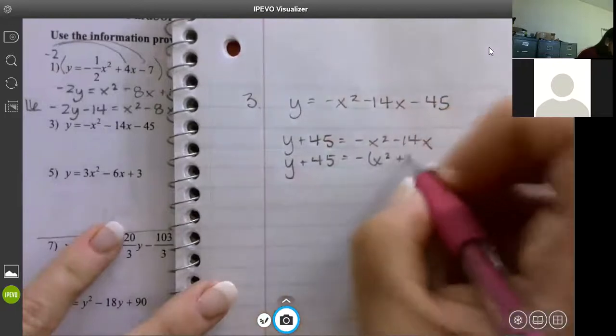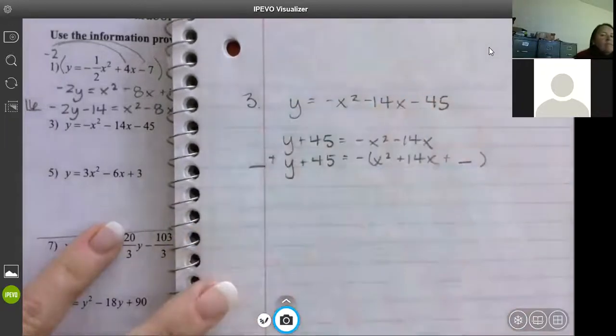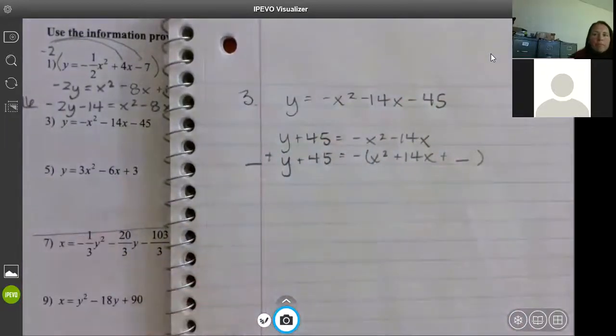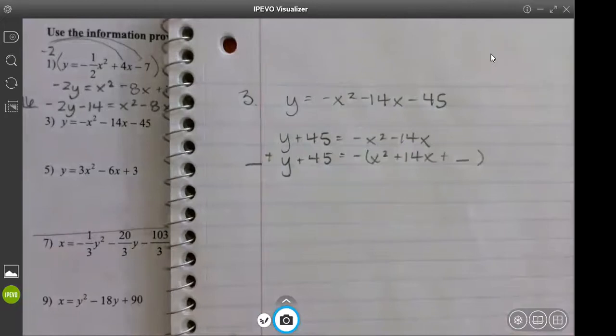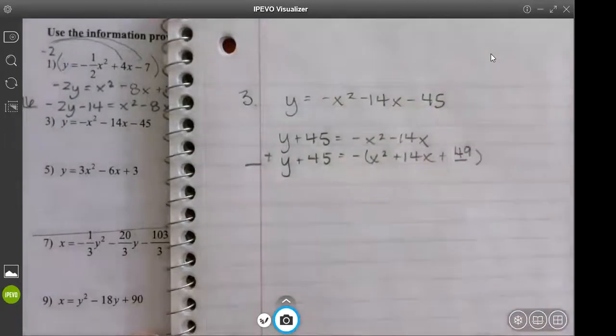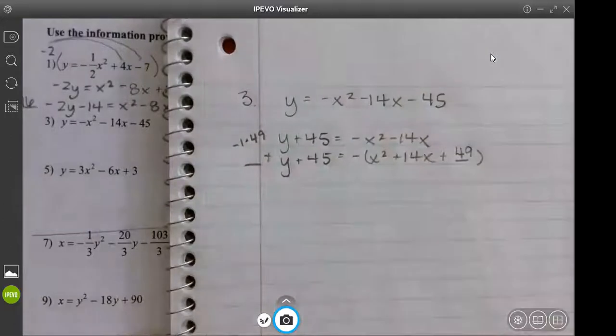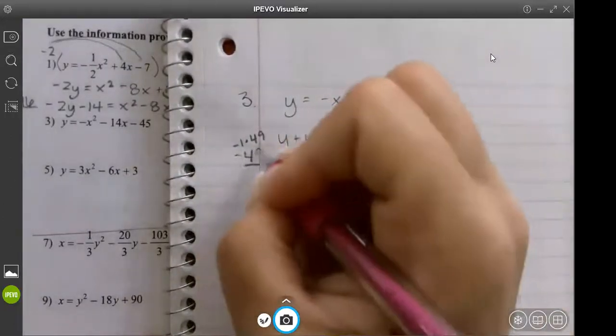We get x squared plus 14x, and then put our blanks. Fill this in. 14 divided by 2 is 7. Squared is 49. Remember, this blank is what you took out. So -1 times what you put in, which is 49. So this becomes -49.